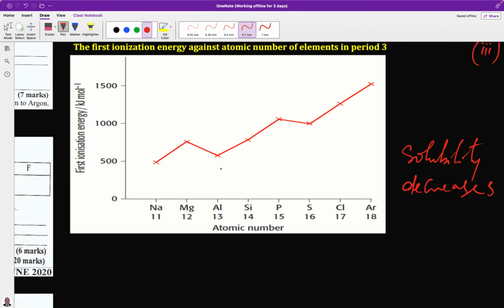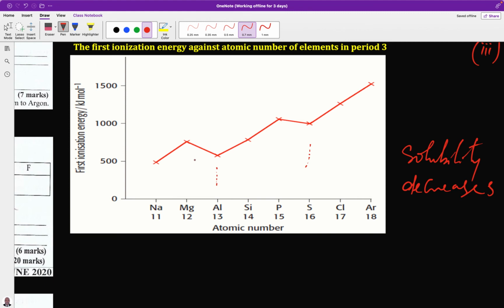But there are some variations, especially in group 13 and also in group 16. There is an increase, there is a drop at aluminum, and there is a drop at sulfur. That reason we gave in our previous video.